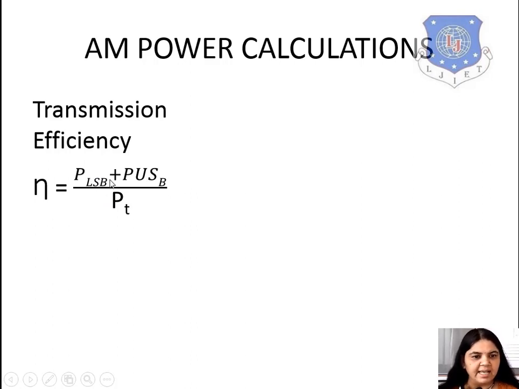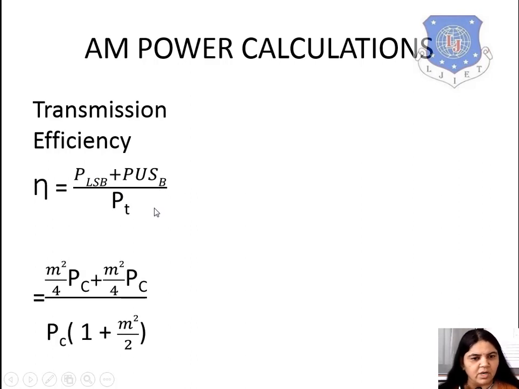So it is PLSB plus PUSB upon PT. PLSB we know is m square by 4 PC, PUSB is m square by 4 PC, divided by PT, which is PC in bracket 1 plus m square by 2.